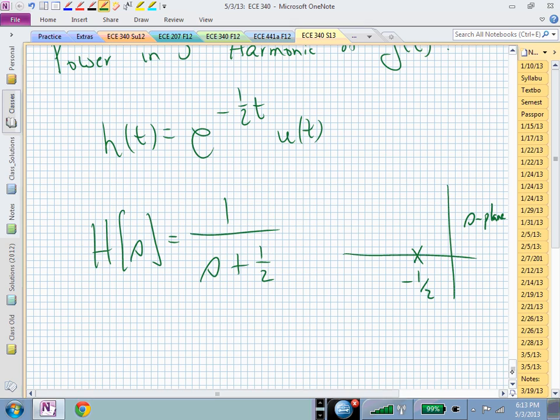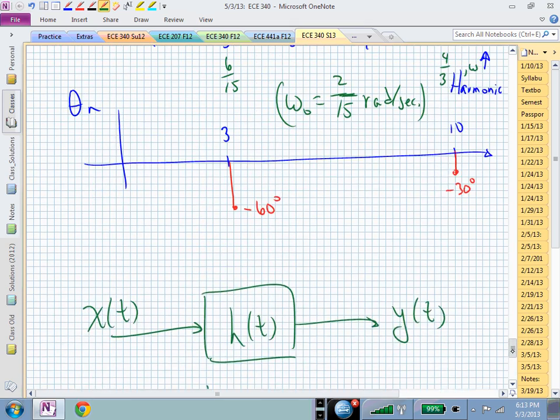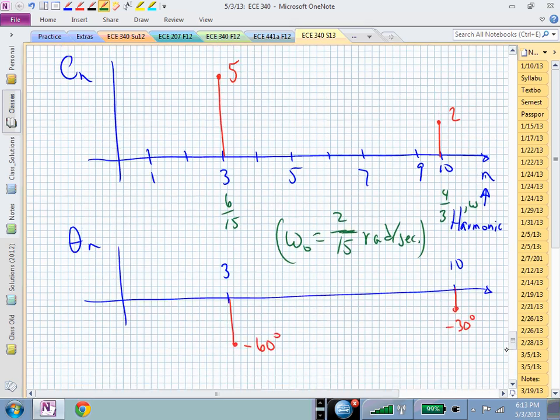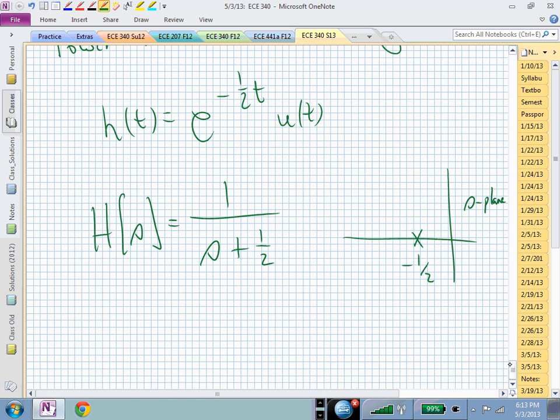What are we after? I said the third harmonic, which was 6/15, wasn't it? So now we would be interested in, and this isn't necessarily, my horizontal and vertical axes are not consistently scaled. That 6/15 is just a little bit bigger than a third, and this one's a half, so I've messed it up.